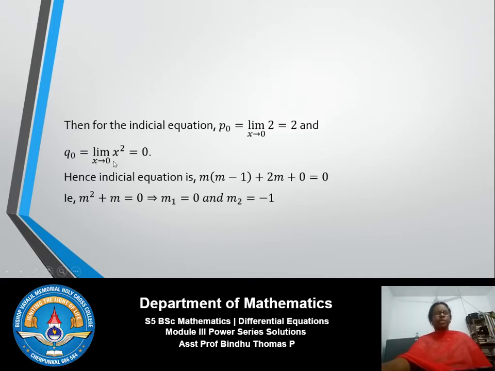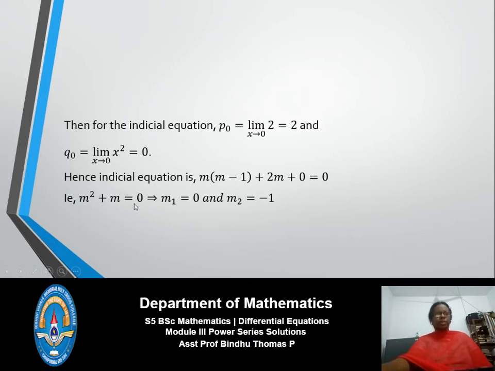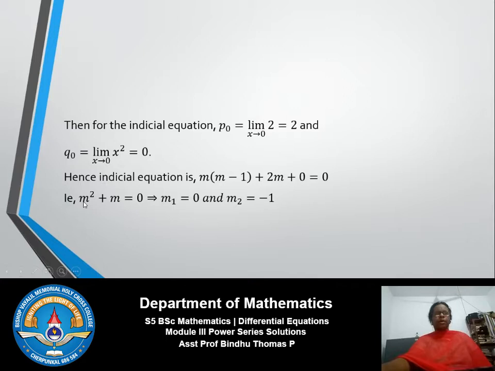Here it is limit x tends to 0 of x² into 1, which becomes 0. Hence, the standard form of the indicial equation is m(m minus 1) + m p0 + q0 equal to 0. Here it is m(m minus 1) + 2m + 0 equal to 0, so it is a quadratic equation in m. That is m² + m equal to 0. Taking m out, m(m + 1) equal to 0.